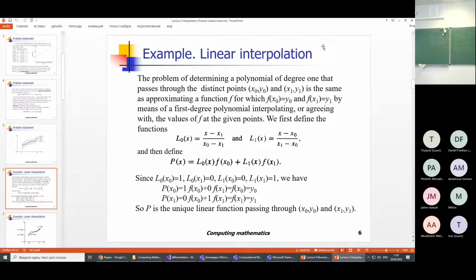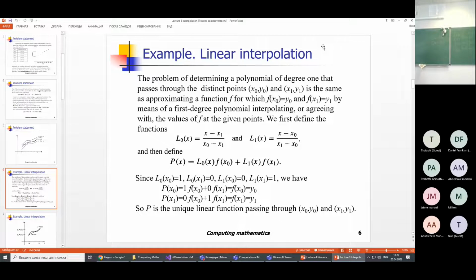The formula is P1 of x equals L0 of x times f0 plus L1 of x times f1. Again, let me remind you that f of x0 and f of x1 are constants. The functions here are L0 and L1.